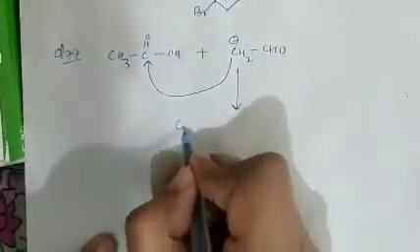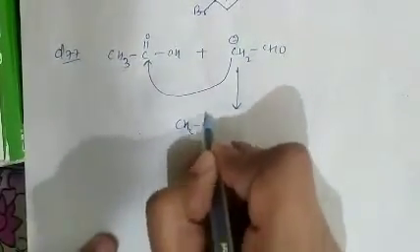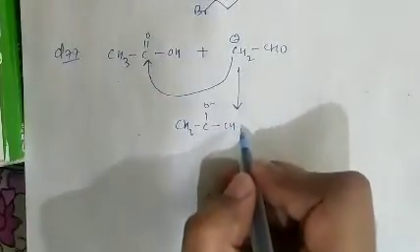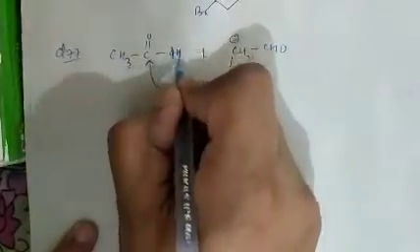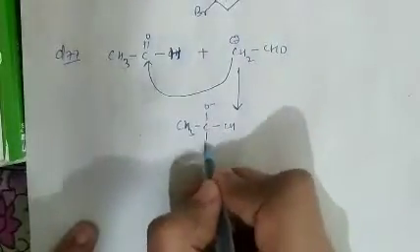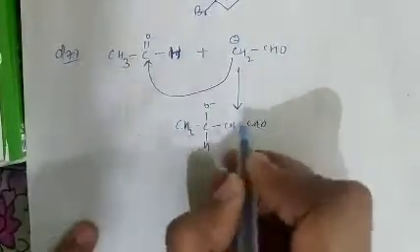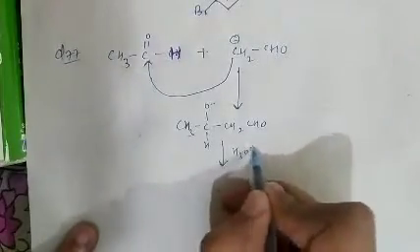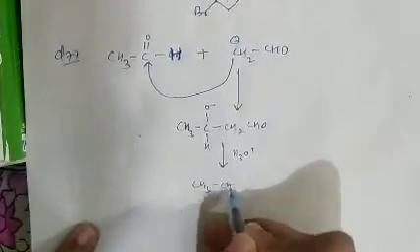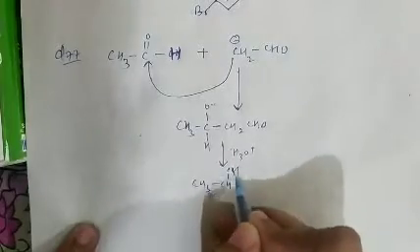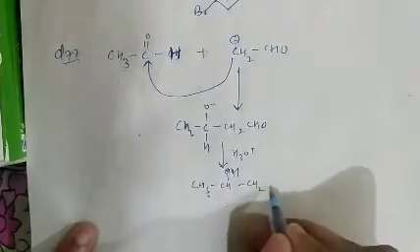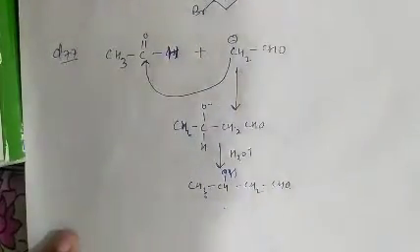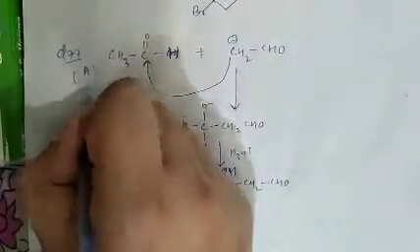Now this will attack and it forms CH3 C O negative and CH2 CHO. Now on hydrolysis it gives CH3 CH OH CH2 CHO. This is the aldol product. So question number 77, option A is correct.